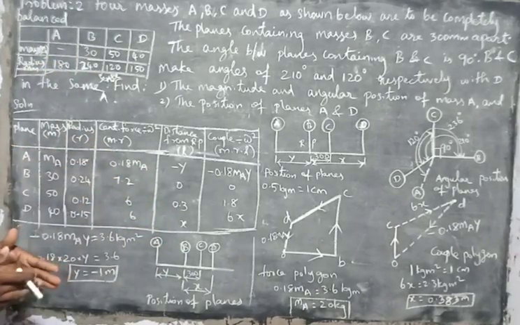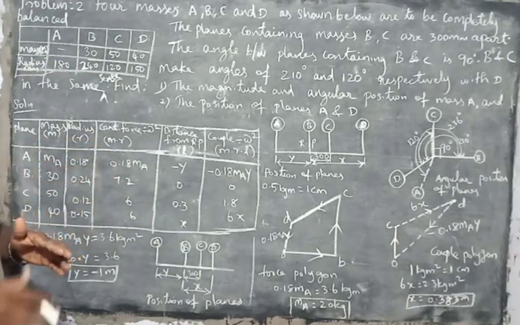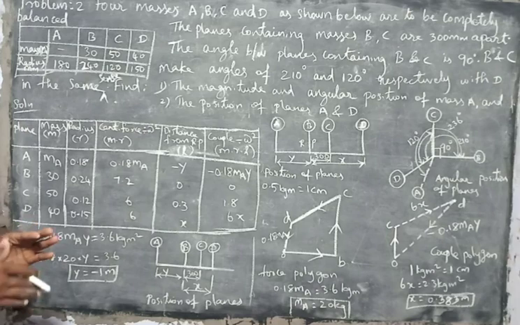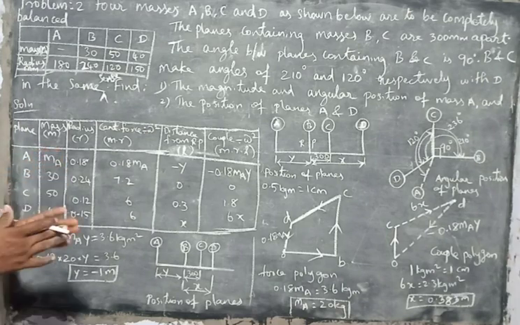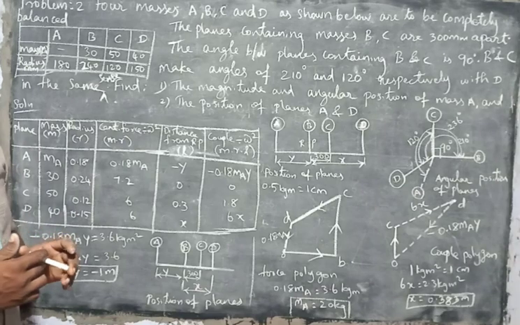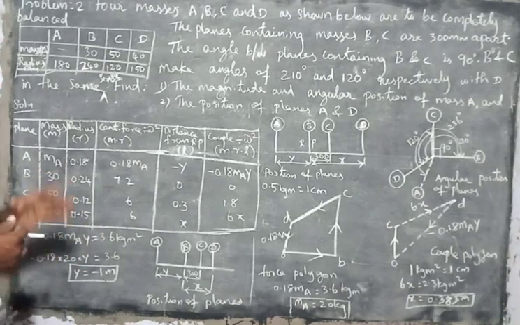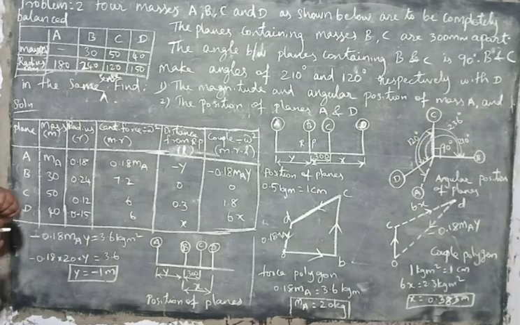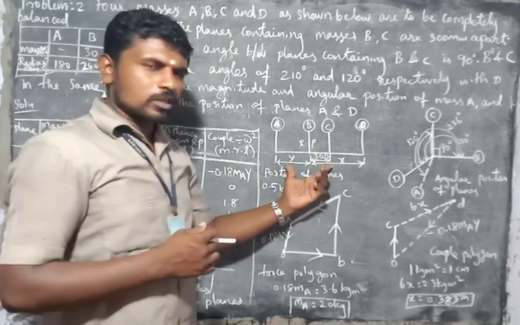So we need to find that mass and also the angular position, and the space between the planes, right? For that I am going to draw a space diagram, the position of planes diagram.